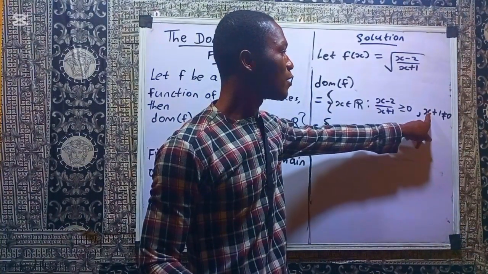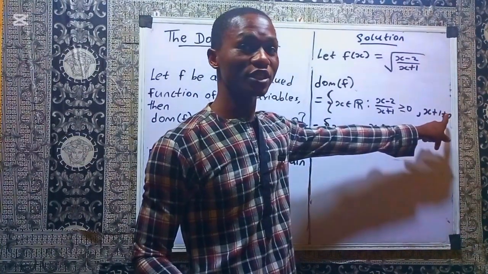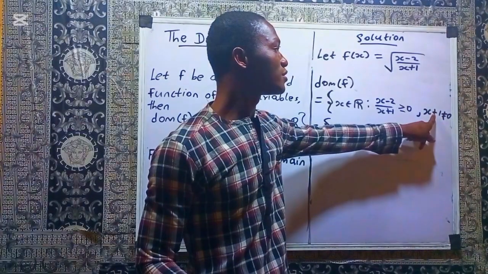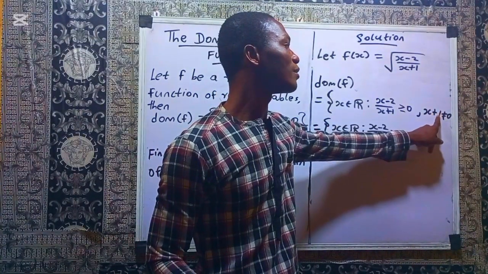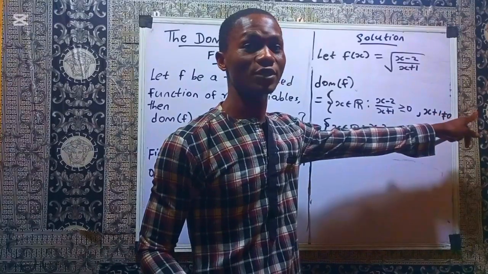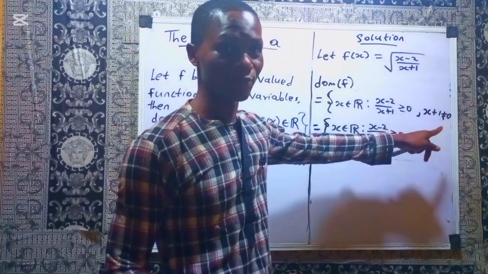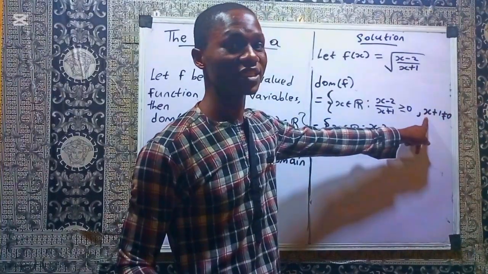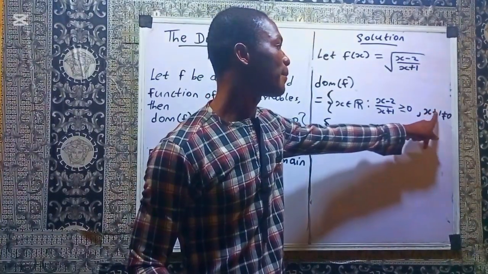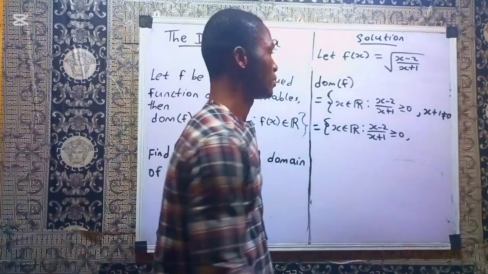If you solve x plus 1 not being equal to 0, if you move positive 1 to the right, you are going to get negative 1. So for x plus 1 not to be 0, it means that x should not be negative 1, because if you do negative 1 plus 1, you get 0.